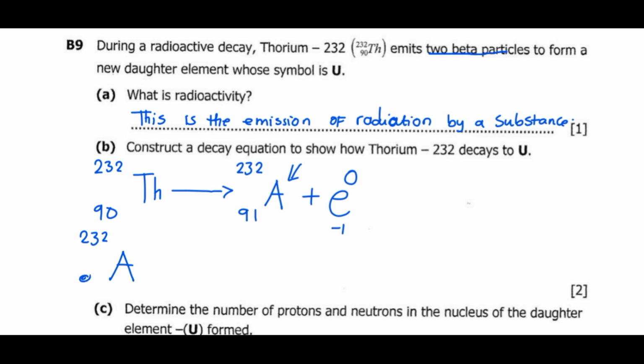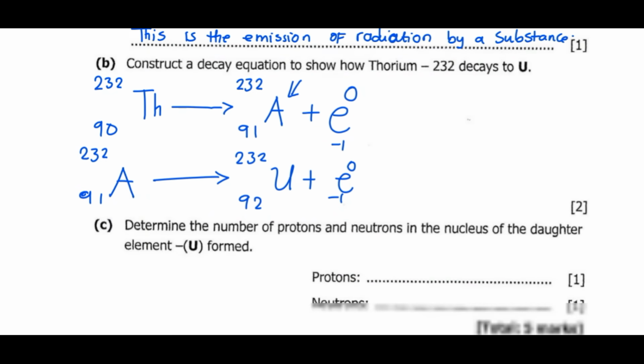The same will happen, the mass number will not change. We'll still get 232. The atomic number, we add another one, so this will be 92. At this point, we have uranium as our new element, plus this nuclide. So that is what we wanted here.